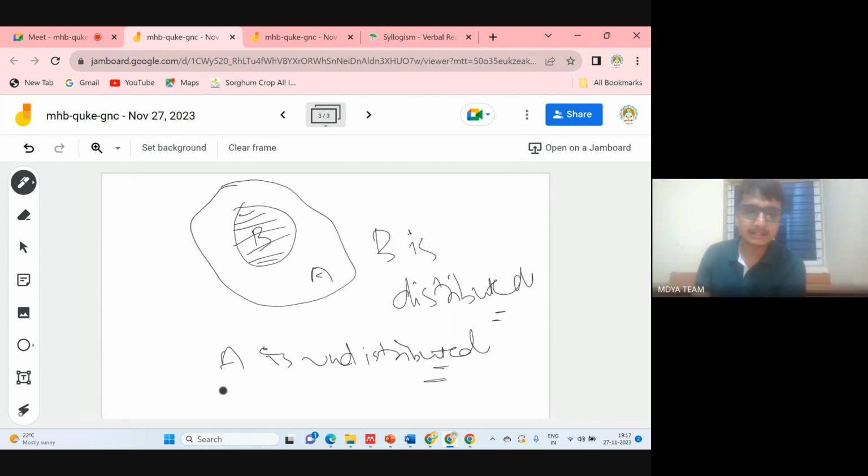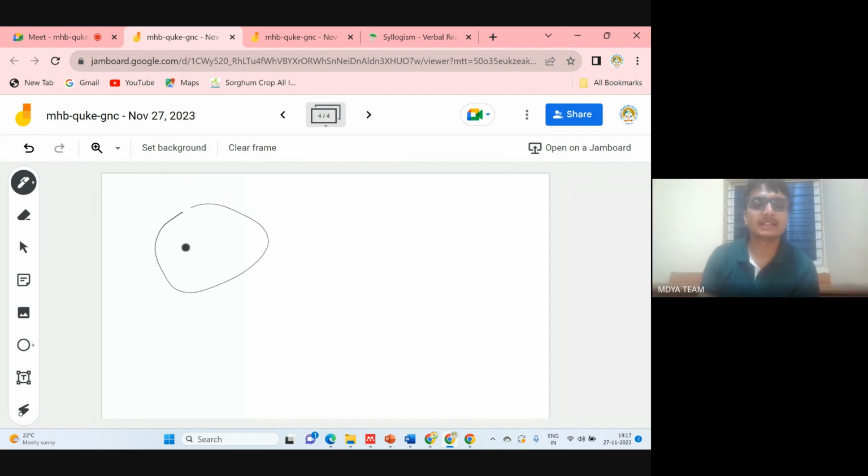A is undistributed. Similarly, for example, this is B and this is A. In this case, the whole population of B is not coming under A; it has its whole complete circle.